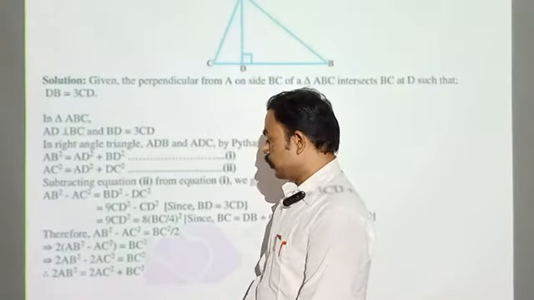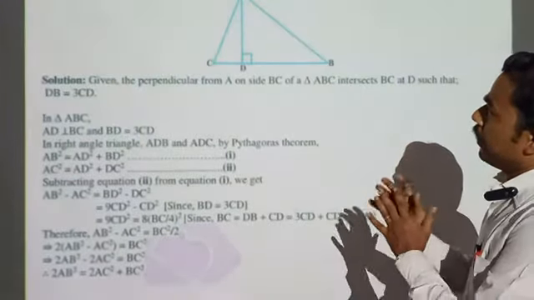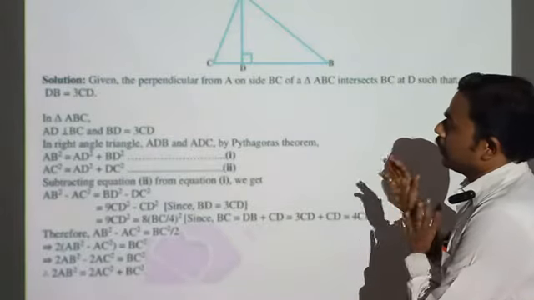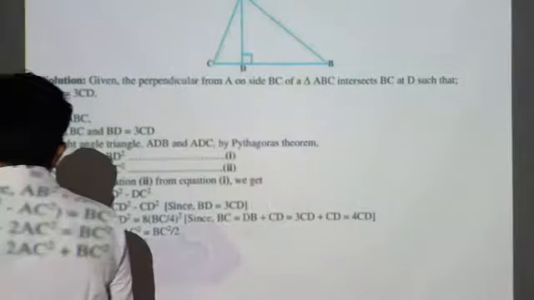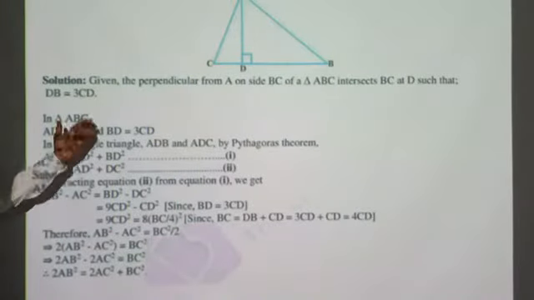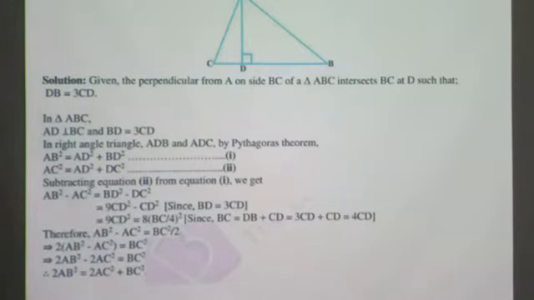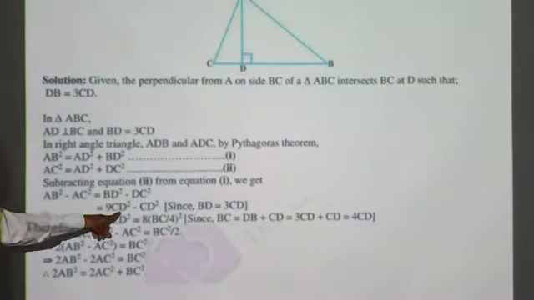What we want to understand: AB squared and AC squared we need to find, and BC squared is already there, so we write according to this relation. AB squared minus AC squared equals BD squared minus CD squared. Now BD squared we already know, so substitute, and automatically you get 9CD squared minus CD squared.